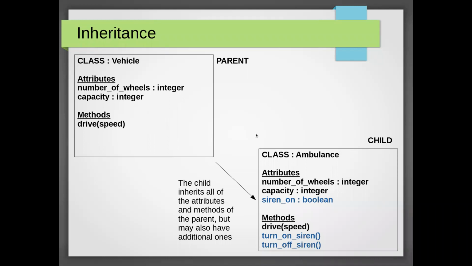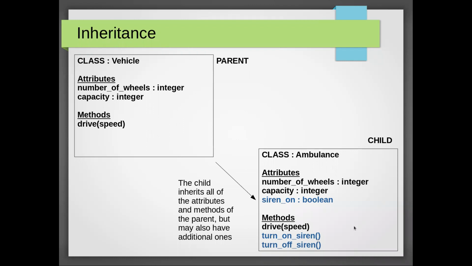What we can do is use inheritance so that when we create the ambulance class, we can say, use the vehicle class as the template for this. I just want to add some extra bits to it. If we do that using inheritance, then we refer to the vehicle class, the one that we're inheriting from, as the parent. So this is known as the parent class.